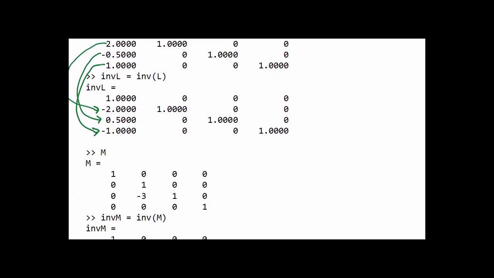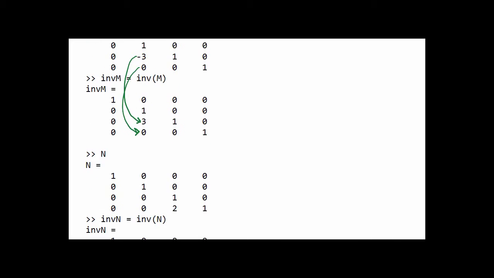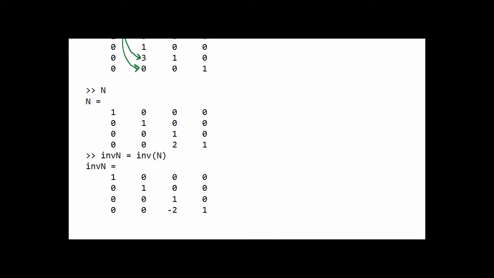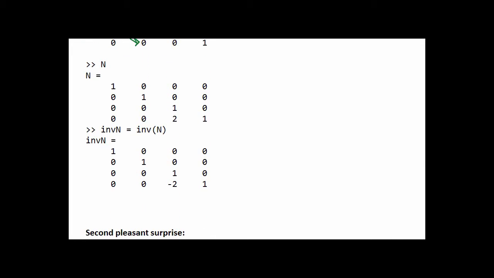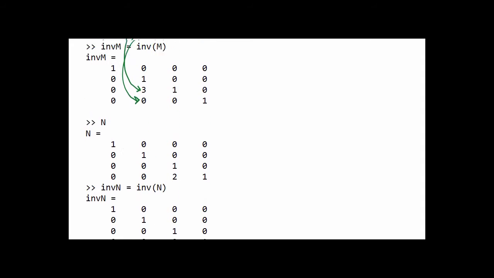The same is true of M. Take the inverse of M. All we had to do was take the negatives of these entries below the diagonal. And the same is true for N as well. Now, this really isn't an accident. There's a good reason for it.